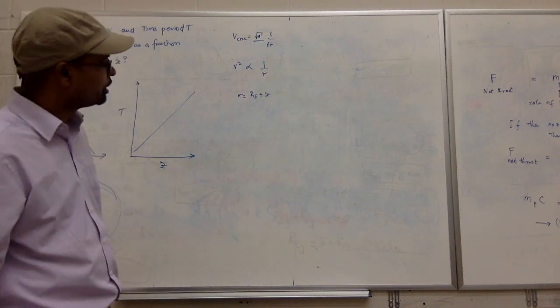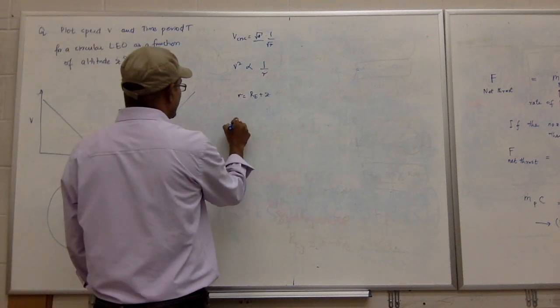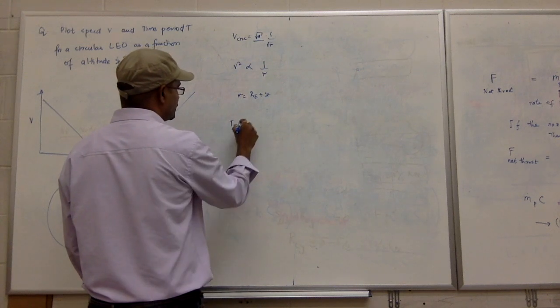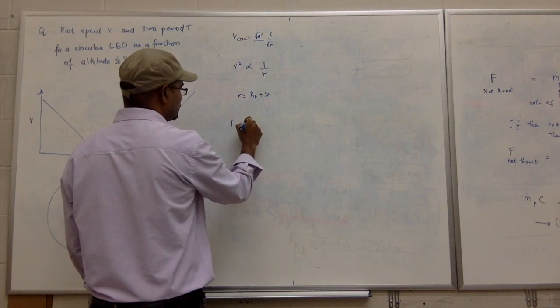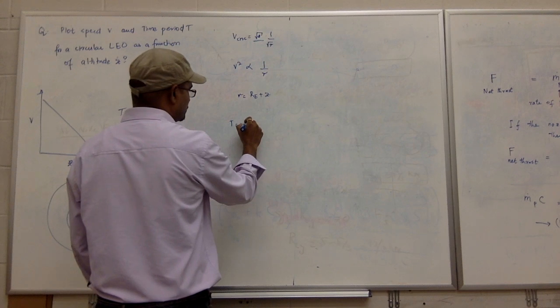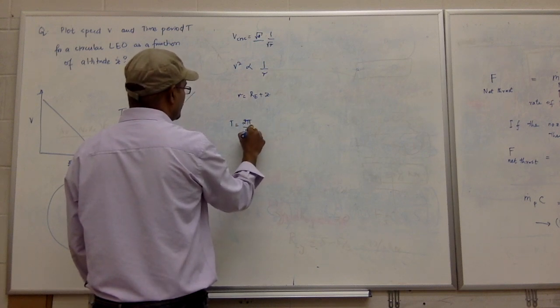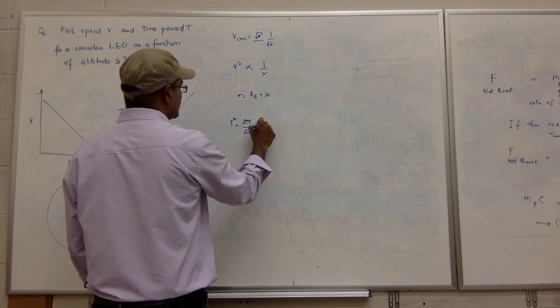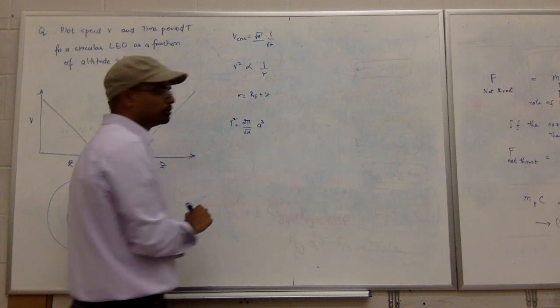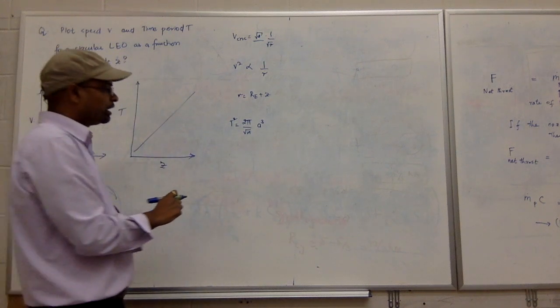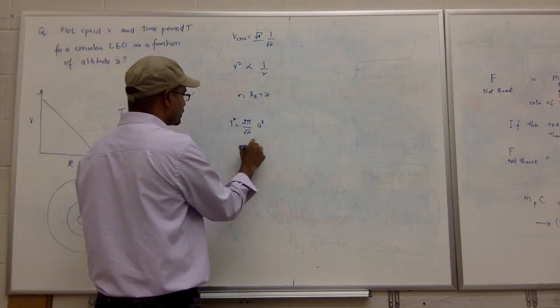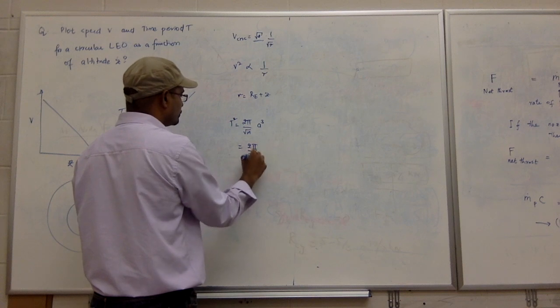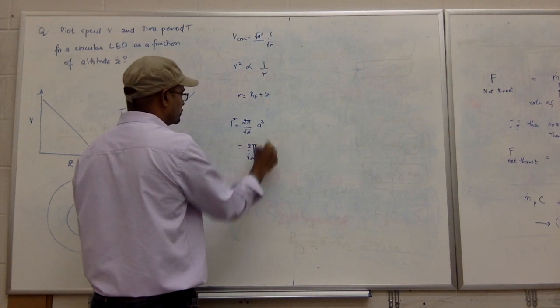And what is the time period? T is 2 pi over square root of mu. This is T square proportional to a cube, right? For a circle, what is this? 2 pi over root mu times r cube.